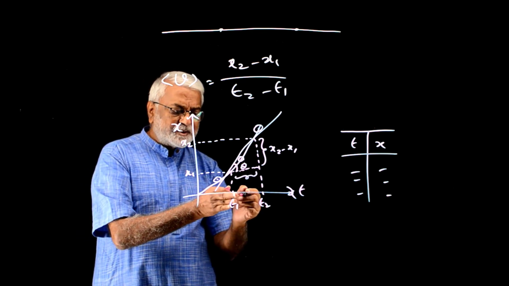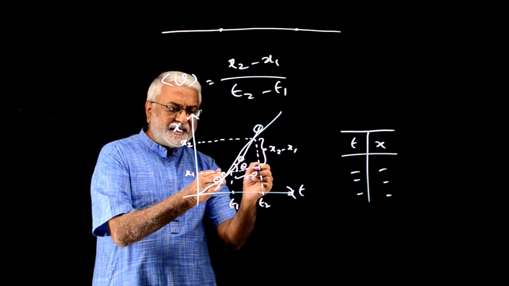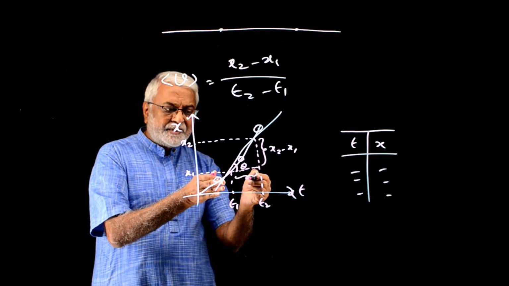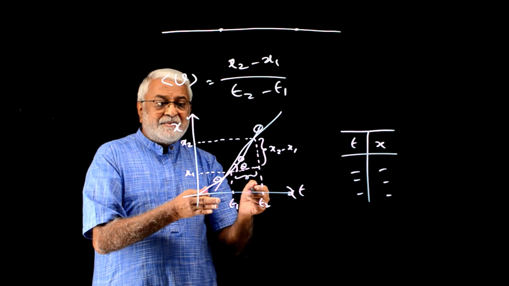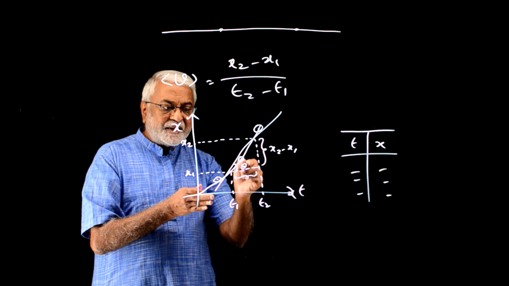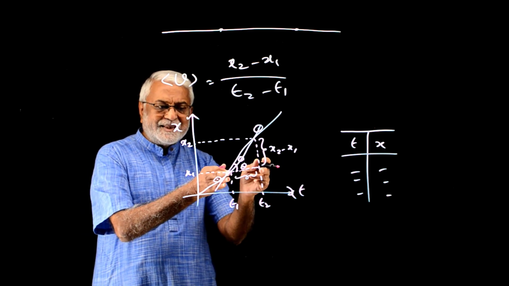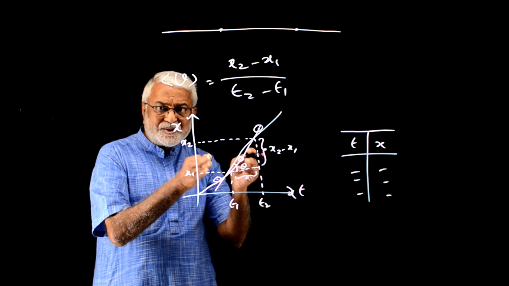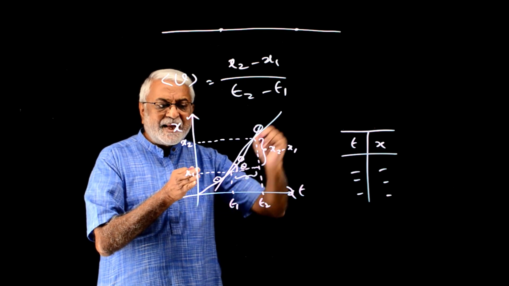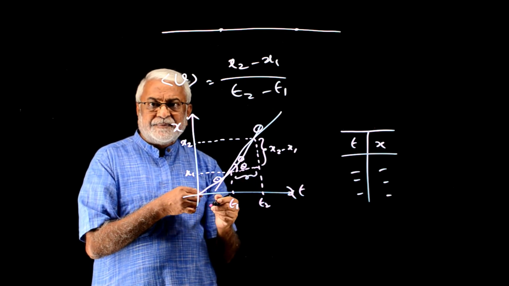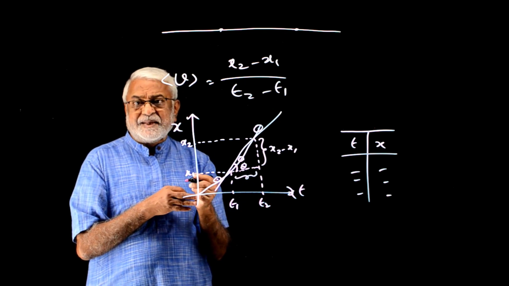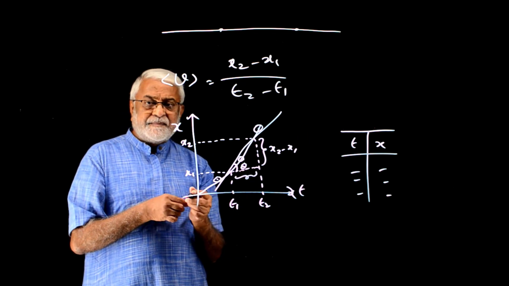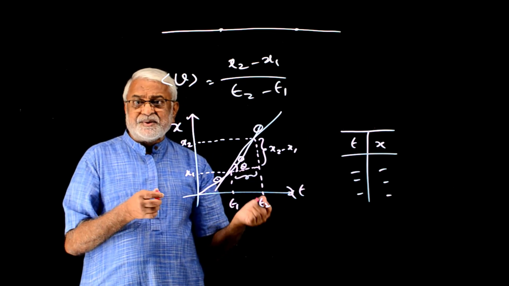So when this becomes smaller and smaller, the angle still can be measured. So imagine a moment when t2 is t1, that becomes a tangent. This length tends to 0, this tends to 0, and you get a tangent instead of a chord. So if you get the slope of that tangent, that would be magnitude of instantaneous velocity.